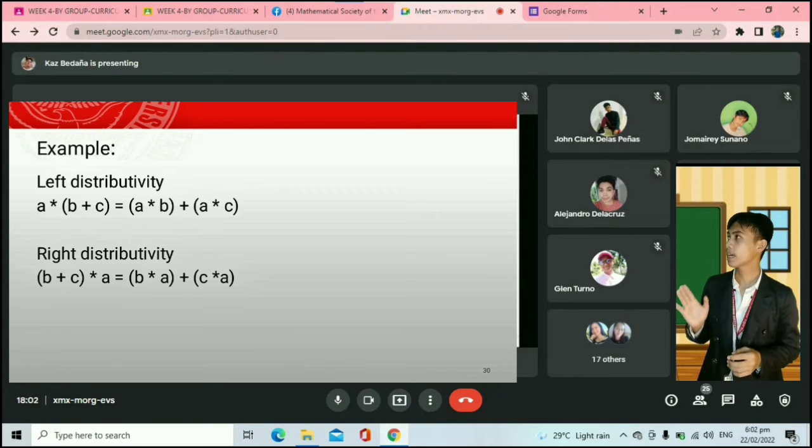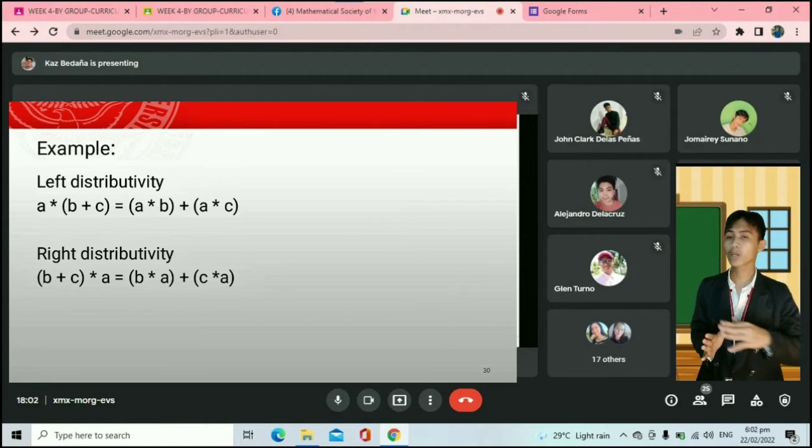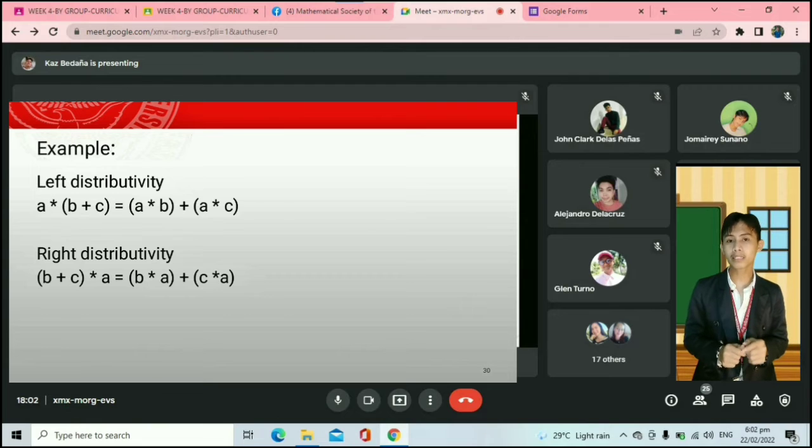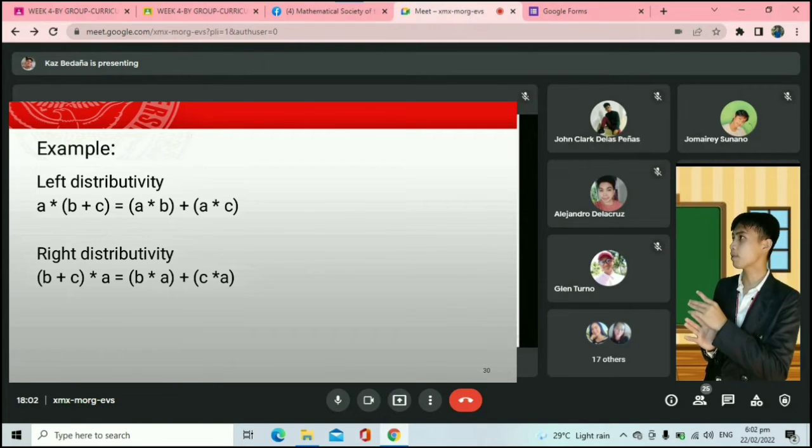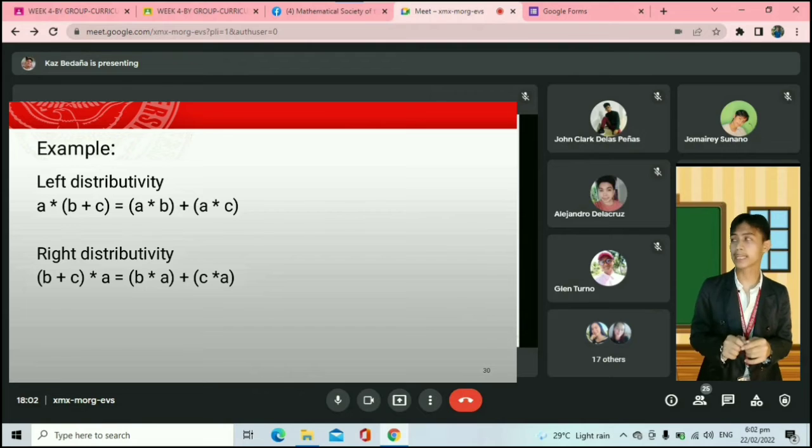A asterisk (B plus C) is equal to, we're going to distribute, (A asterisk B) plus (A asterisk C). So, we distribute A to the left operands B plus C.